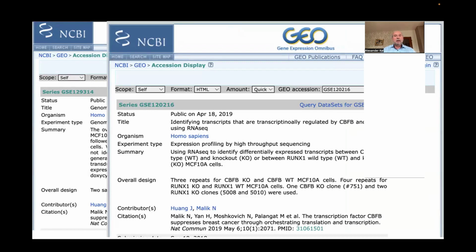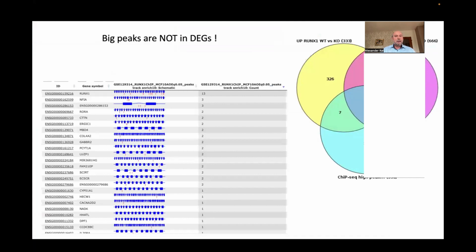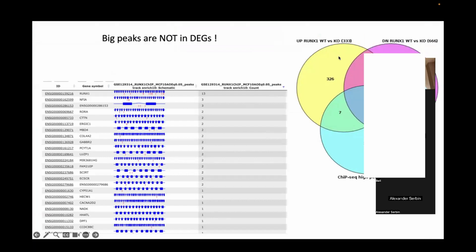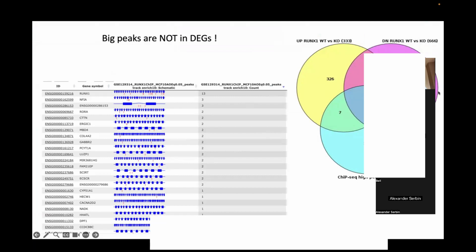They measured how the expression of genes changes when we knock out the RUNX1 gene, and they also see where RUNX1 is binding to the genome. So we took this data and compared it. On the right side, you see a simple diagram which shows upregulated genes, more than 300, and downregulated genes, more than 600.